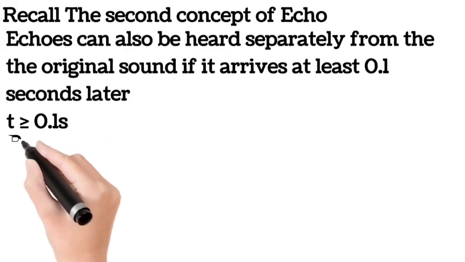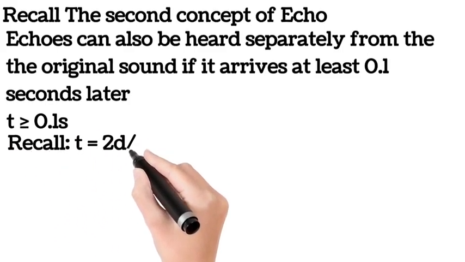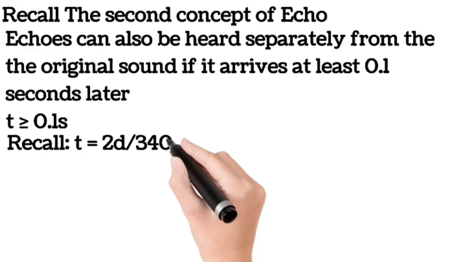Now recall that we just said t equals 2d over v, and we know that v is equal to 340 meters per second, which is what we established earlier when we said sound travels at a velocity of 340 meters per second. So since v equals 340, we substitute it and we have t equals 2d over 340.